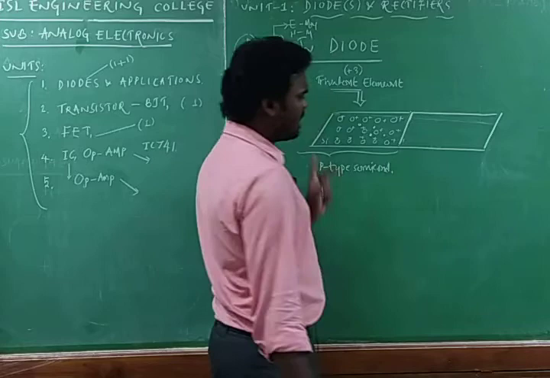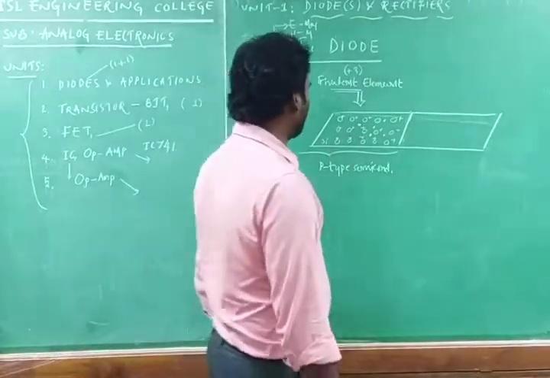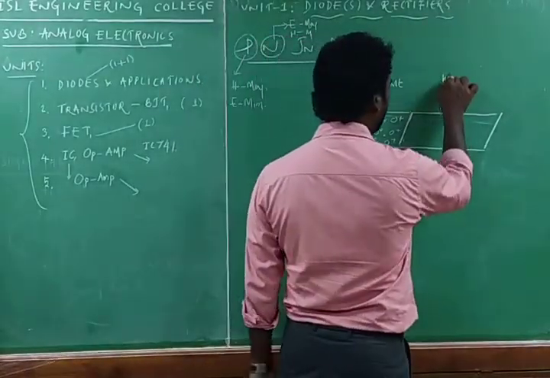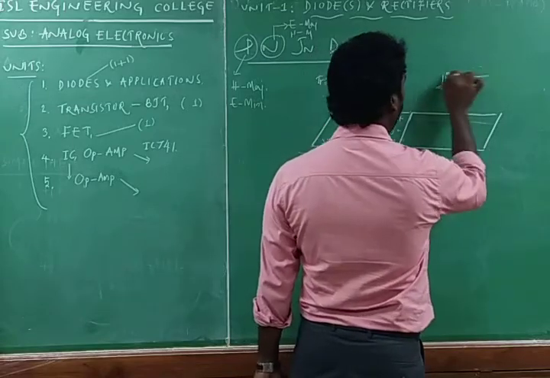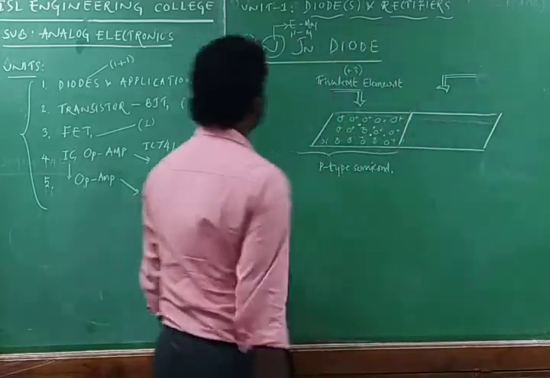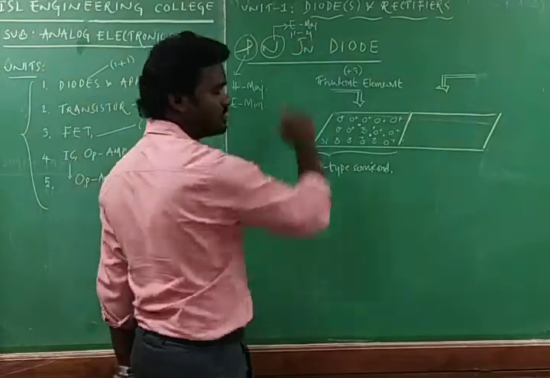In the remaining area we should create the other type of semiconductor, that is the n-type semiconductor, in which electrons are more than holes.